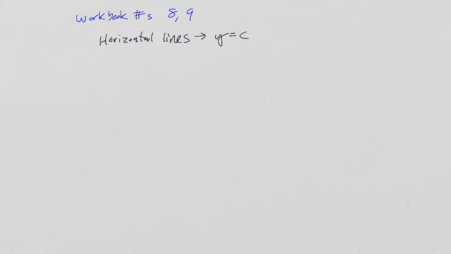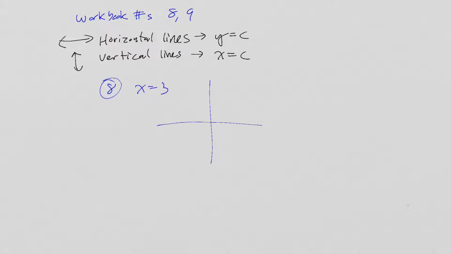So y equals some number looks like this. Vertical lines are x equals some number, and they look like this. Okay, so number 8 is x equals 3, which means we go to x equals 3, 1, 2, 3, plot, and draw a vertical line. Don't try to draw a horizontal line.